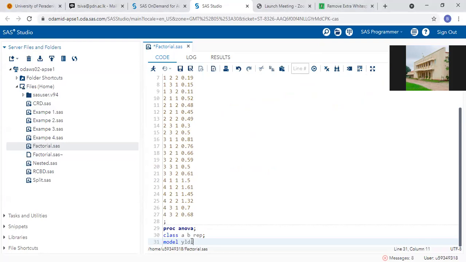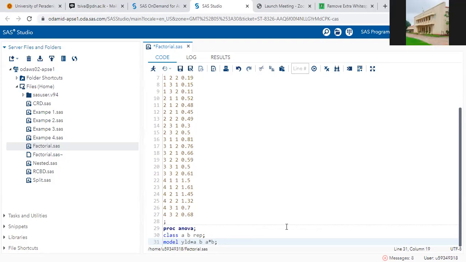I said yield; you can give any name. Yield equal A, factor B, and factor AB. When you write the interaction, we write it as A*B, not AB. It doesn't work. Do you understand? Factor A, factor B, and the interaction effect of factor A and B.